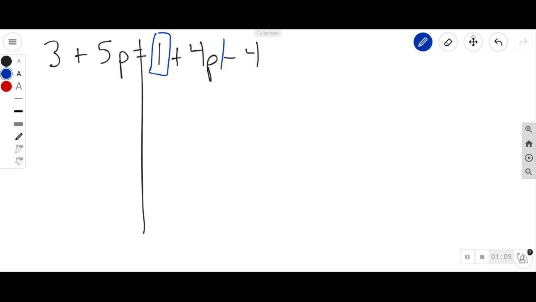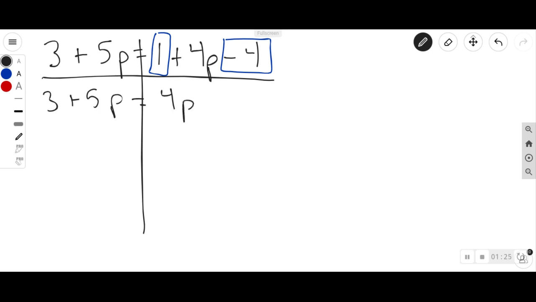That means make certain each side has no more than two terms. So I see the right-hand side is the only one with some like terms, so I'm going to put those together. So 3 plus 5p equals 4p. 1 minus 4 is negative 3.